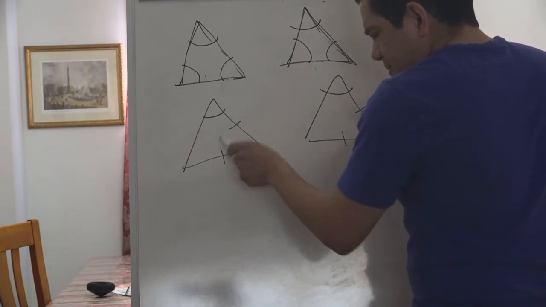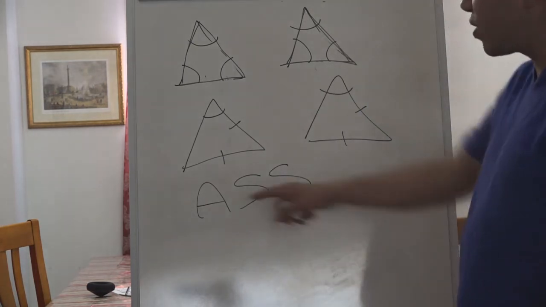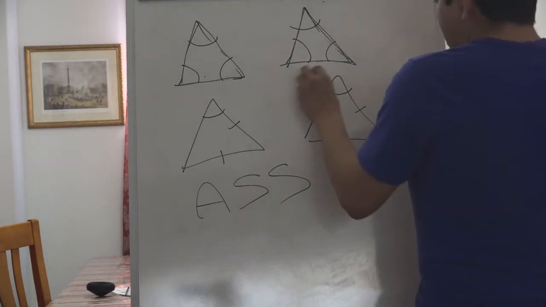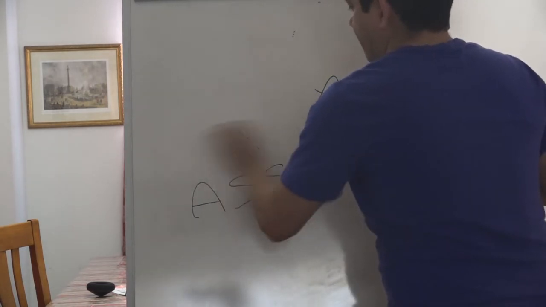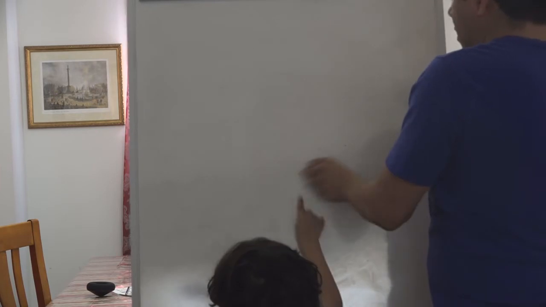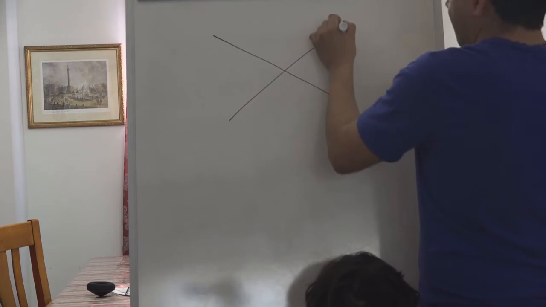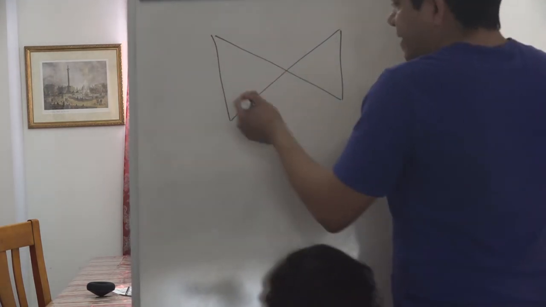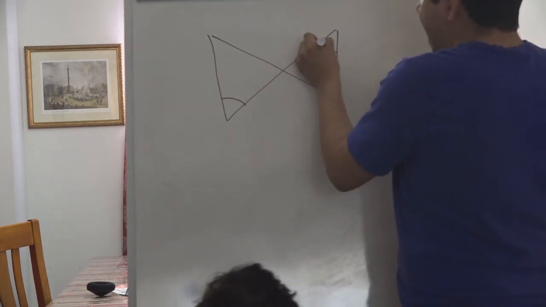So, what is this? They cannot be proven congruent through AAA. Remember that. Okay. Let's see now. Okay, watch this. Let's say I have this angle congruent to this angle, okay?